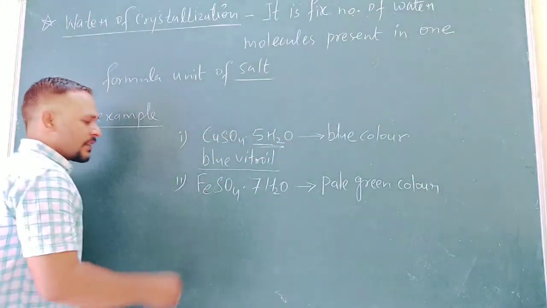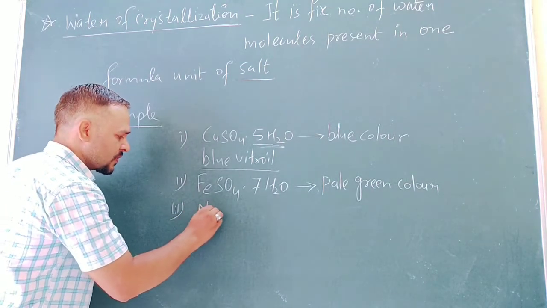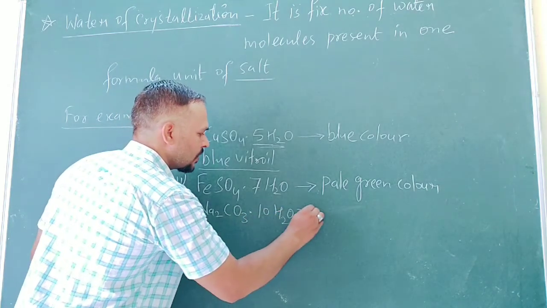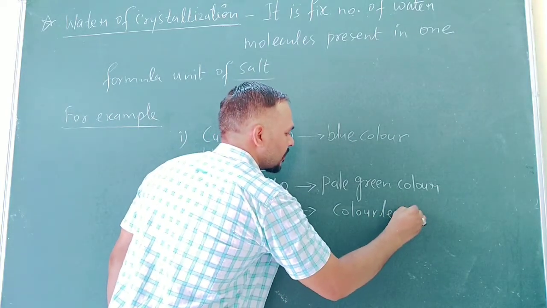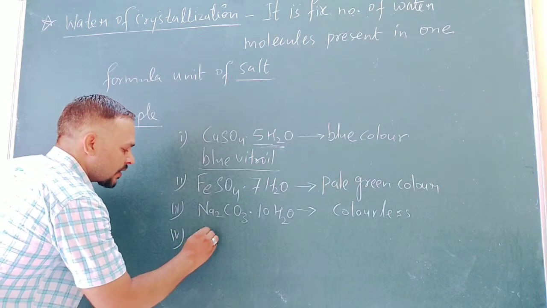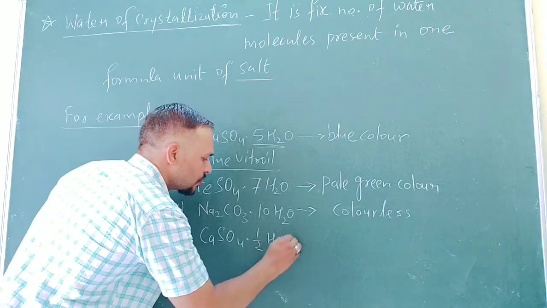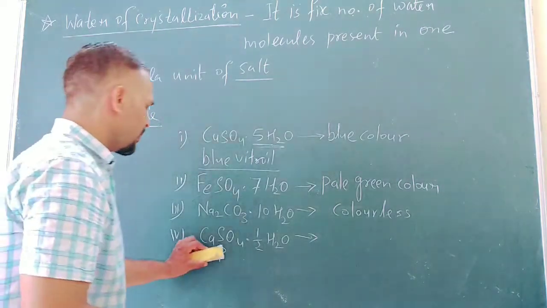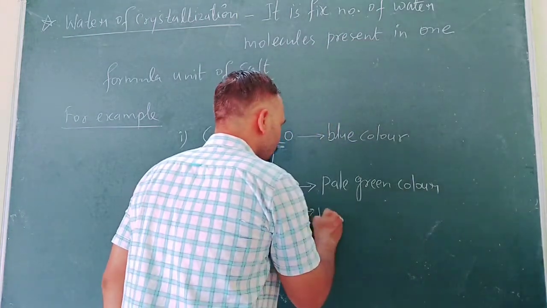Next, we have seen washing soda, sodium carbonate dot 10H2O. Its color is colorless. Before that, we saw calcium sulfate dot half H2O, which is plaster of Paris.